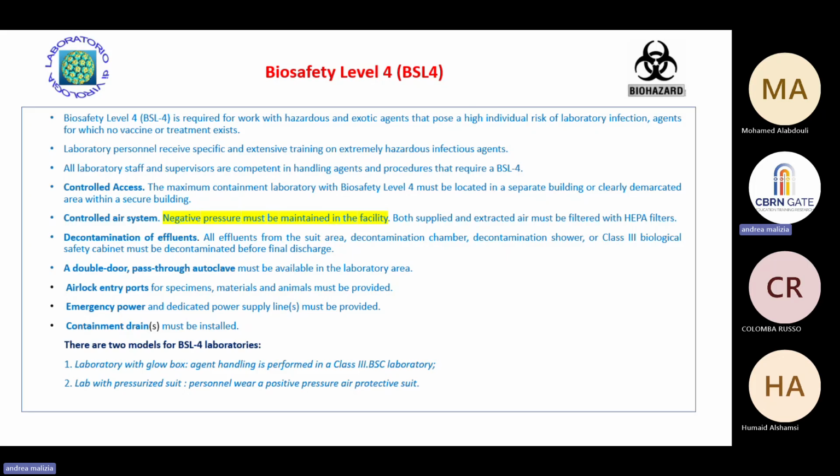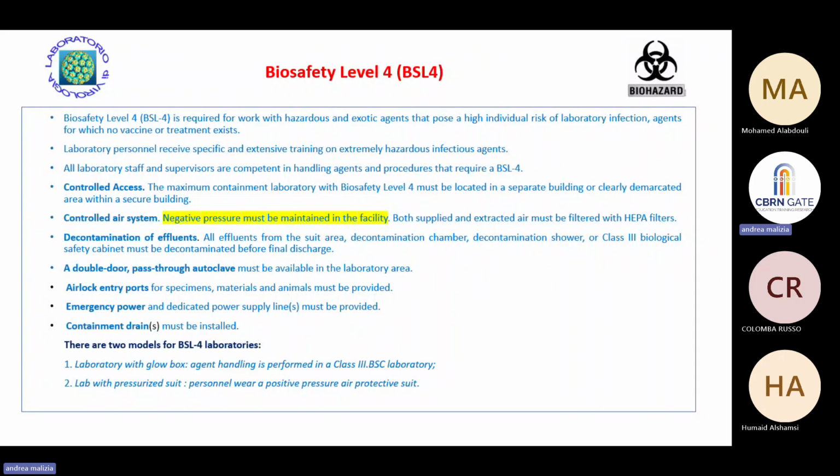An important characteristic of a BSL-4 laboratory is the air control system. Negative pressure must be maintained in the facility, a very strong negative pressure. Decontamination of effluent is very important to prevent environmental epidemic.